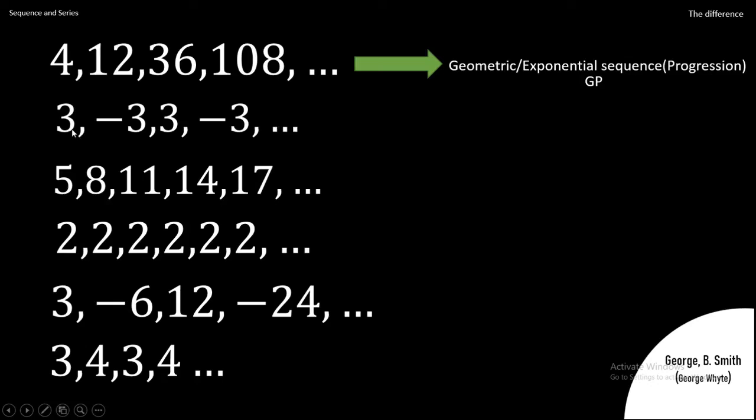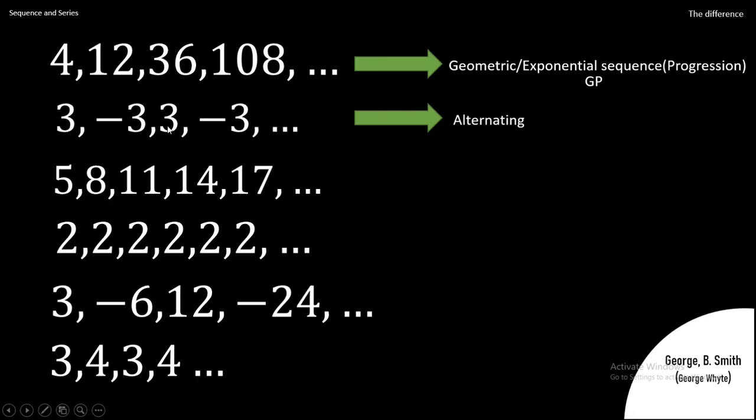In this case, you have 3, minus 3, 3, minus 3. You can see that what you have here is kind of repetitive. It is what you call a periodic or an alternating sequence. It is alternating because the signs are changing, from plus to minus, from minus to plus.